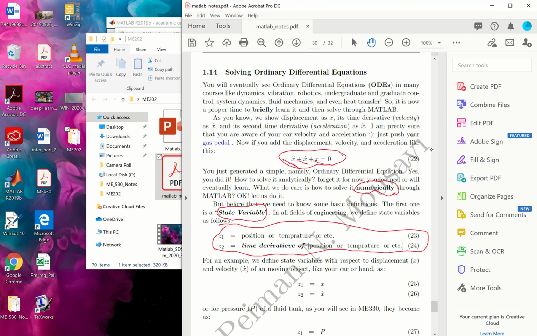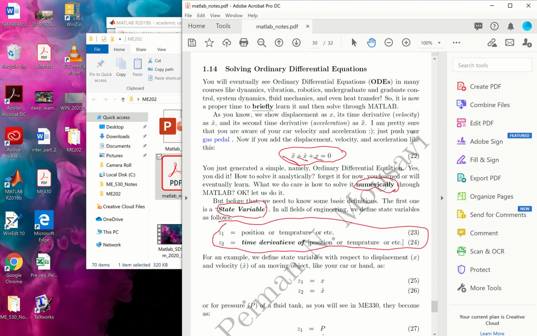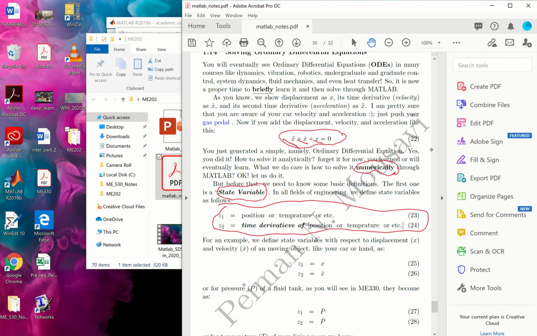For an example, we define state variables with respect to displacement x and velocity x dot of a moving object, like your car or hand, because when you're moving your hand, it has some displacement and some velocity. The same for cars. So Z1 is the position of your car or hand, Z2 is the first time derivative of that.